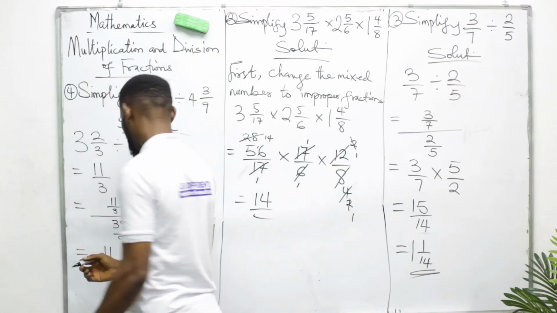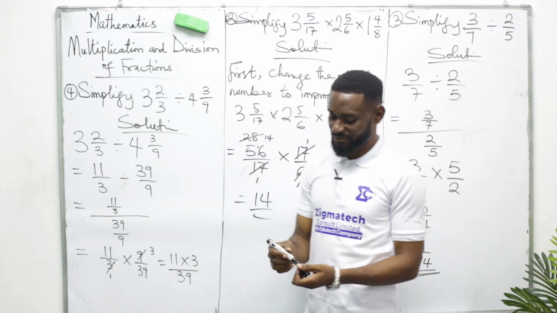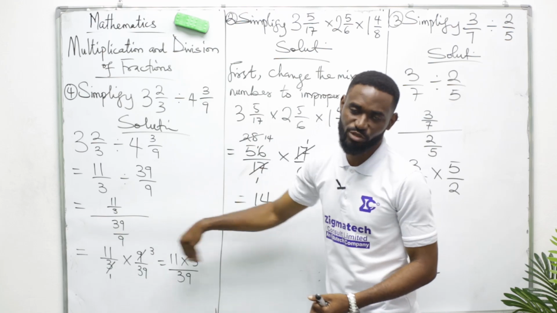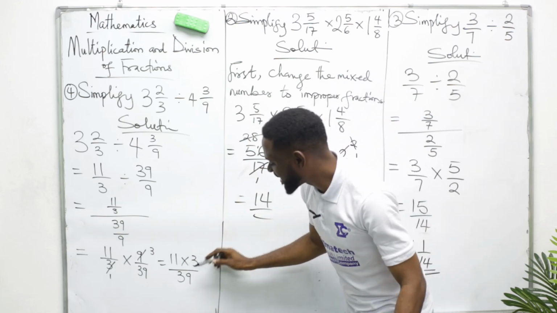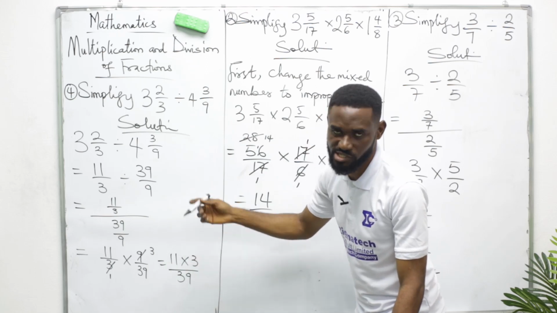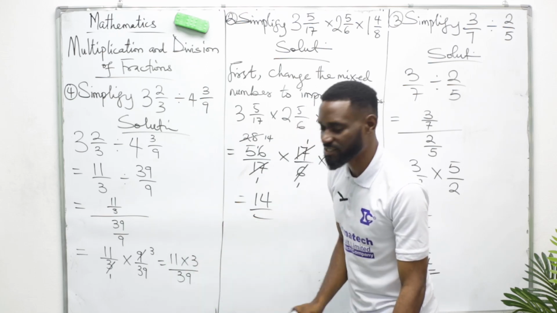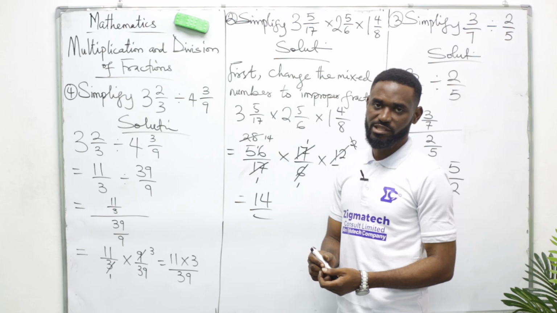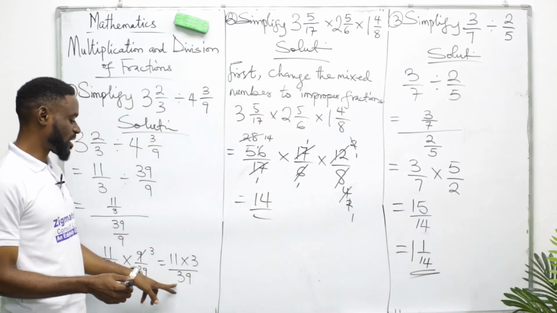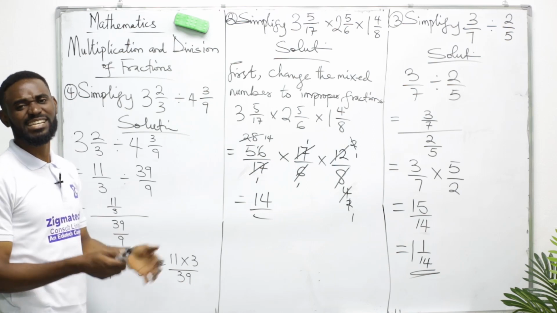But let's just simplify. Let's not just multiply. 3 is common here. Whether we simplify or multiply and just do it, it is the same thing. 3 is common in 39. Okay? Now, 3 into 3 is 1. 3 into 9 is 3. So that is 13.